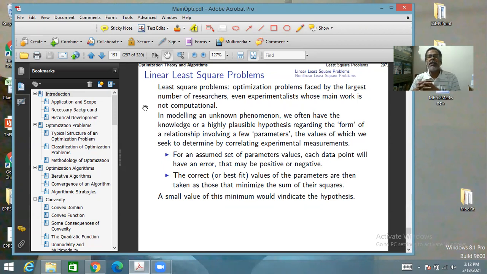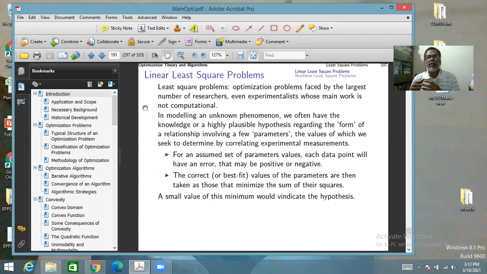Even those researchers whose research is completely experimental and who typically stay away from computational work need this, because if they are experimentalists, then they typically try to model phenomena from their experiments, from their observations.